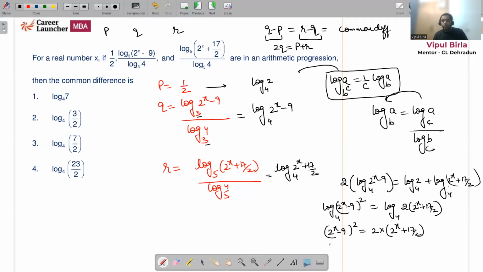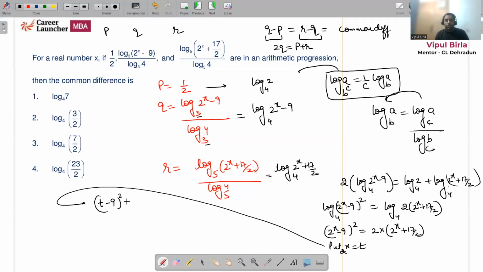Now putting 2 to the power x equal to t, this will become t minus 9 squared is equal to 2 into t plus 17 by 2, which can be rewritten as t squared minus 18t plus 81 is equal to 2t plus 17.